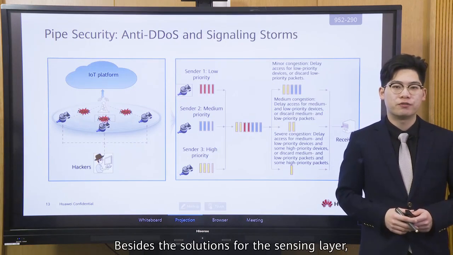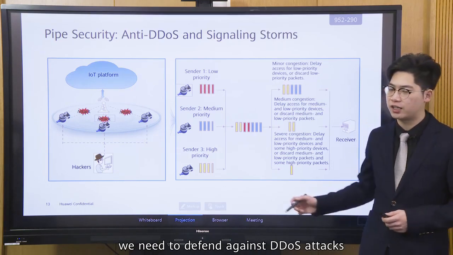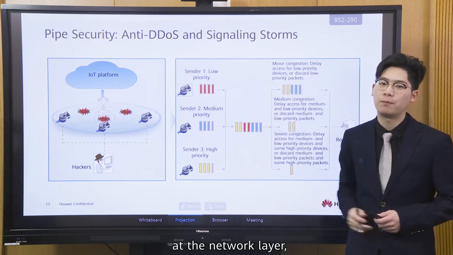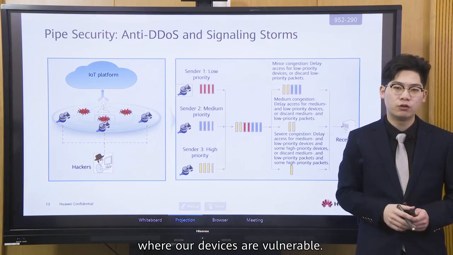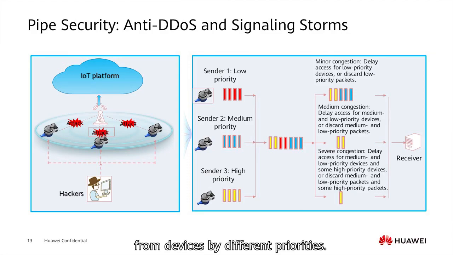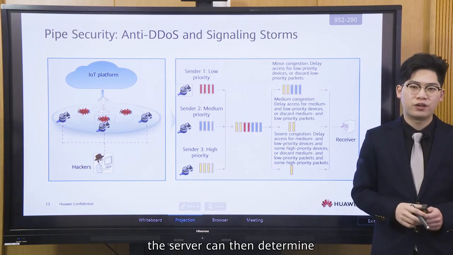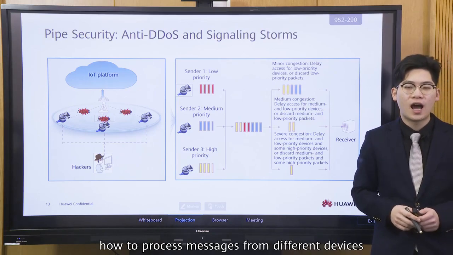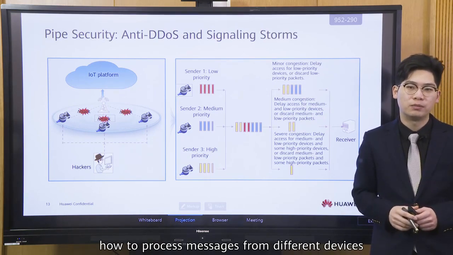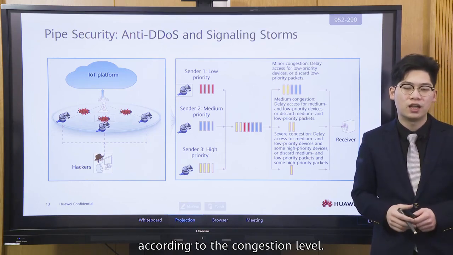Besides the solutions for the sensing layer, we need to defend against DDoS attacks at the network layer, where our devices are vulnerable. The method we use here is to classify messages from devices by different priorities. If a DDoS attack occurs, the server can then determine how to process messages from different devices according to the congestion level.